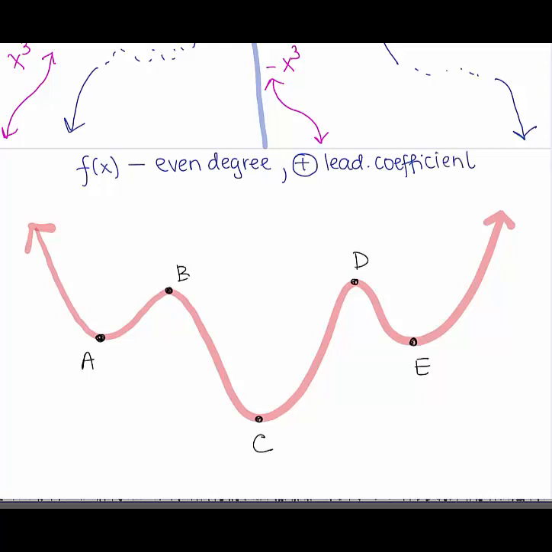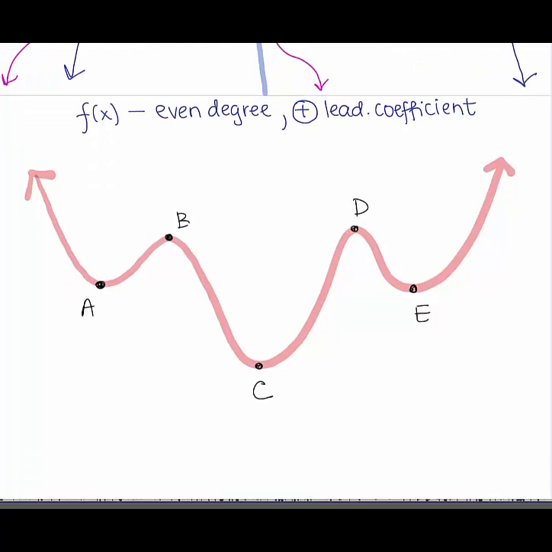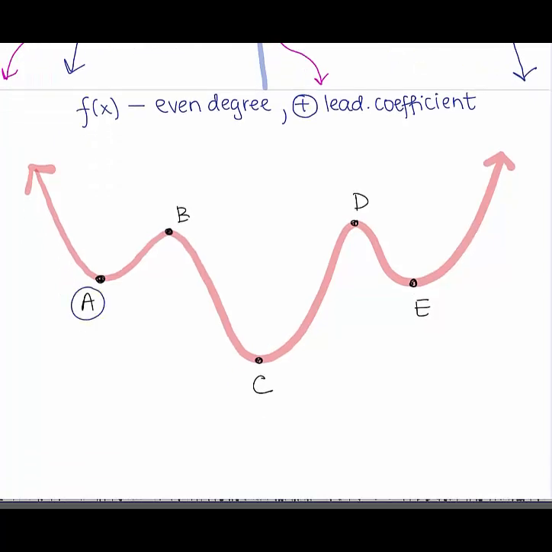Turning points, what are those? Those are the points where our function changes behavior from increasing to decreasing, or from decreasing to increasing. So in our case, we have A, B, C, D, and E. On this graph, I have 5 turning points.